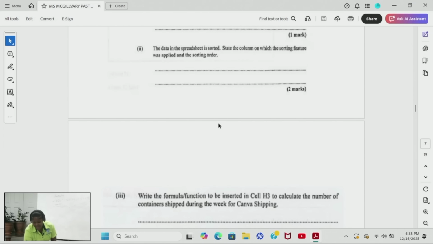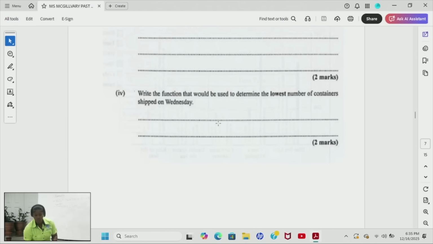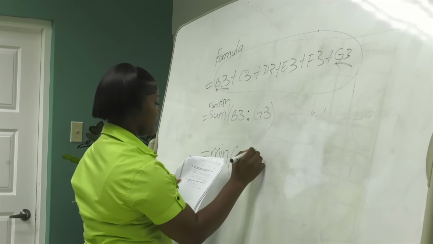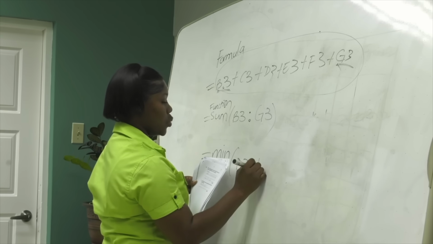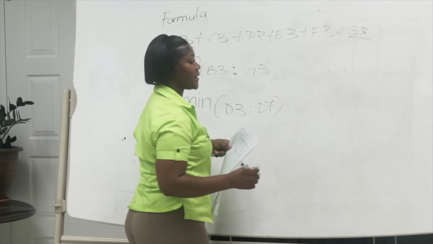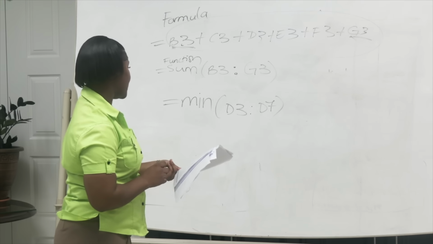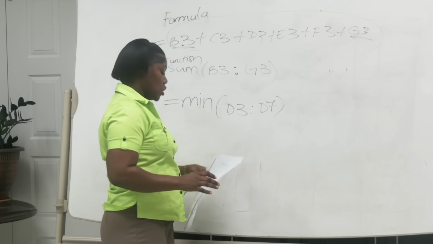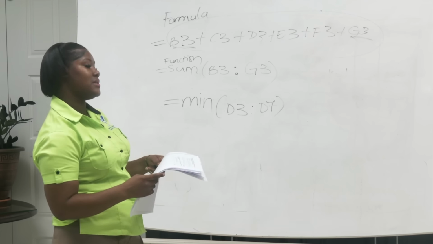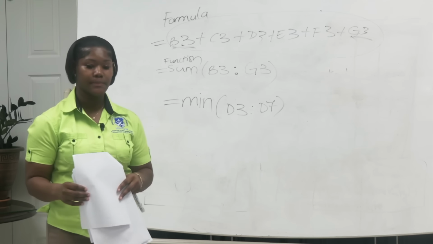So with that being said, the function that we would use would have been =MIN, because it's the minimum value that we want to find, D3, which is the starting cell, and the ending cell in the range would be D7. And that is how you would write your function to find the lowest number of containers shipped on Wednesday.